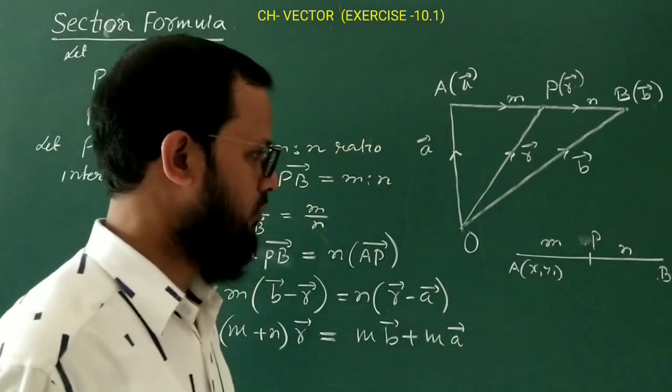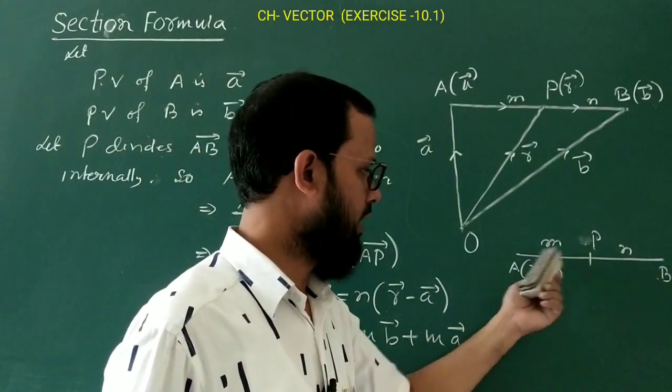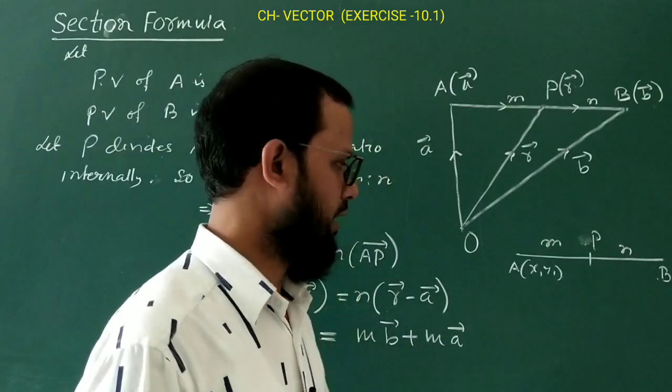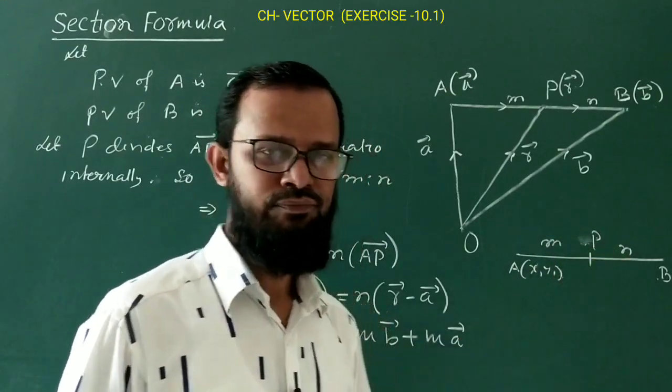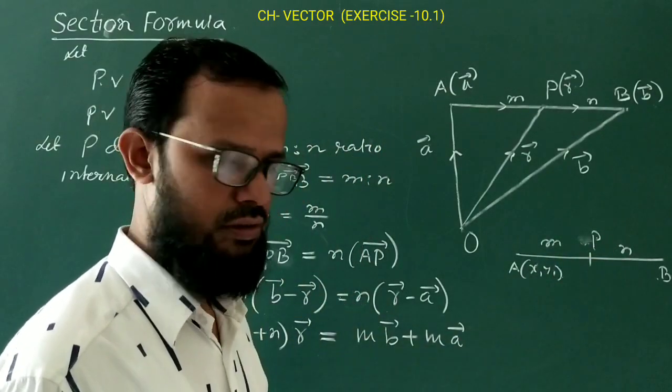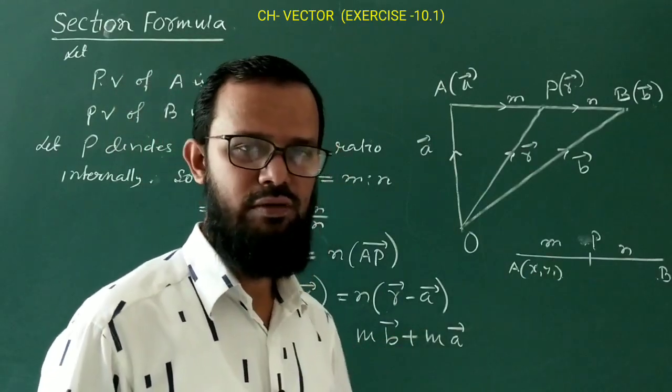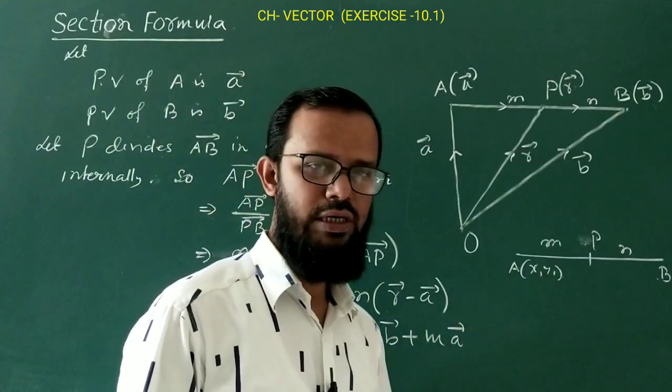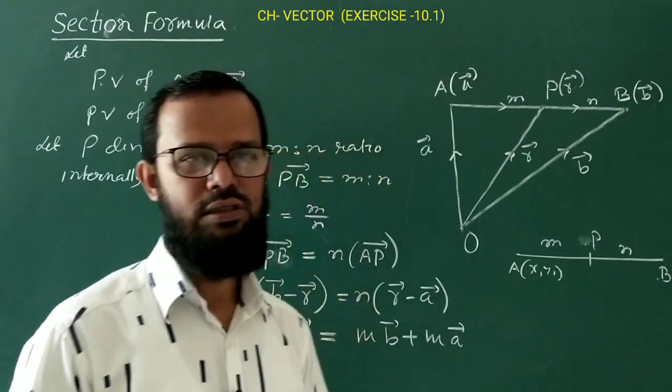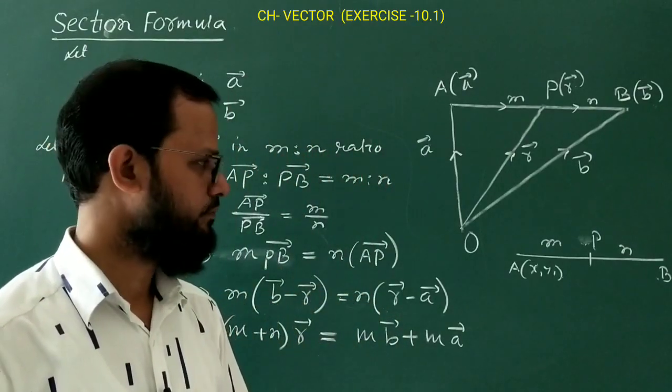Then you can find the coordinates of this particular point which divides the line segment AB in the ratio m is to n internally. The result was: the x coordinate is (m x2 plus n x1) divided by (m plus n), and the y coordinate is (m y2 plus n y1) divided by (m plus n).